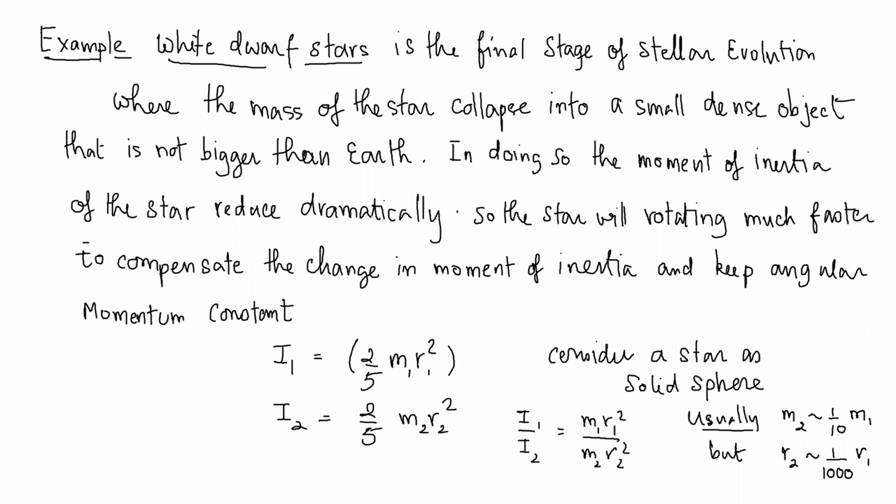So we have that the moment of inertia original over the moment of inertia final is m1r1 squared divided by m2r2 squared.